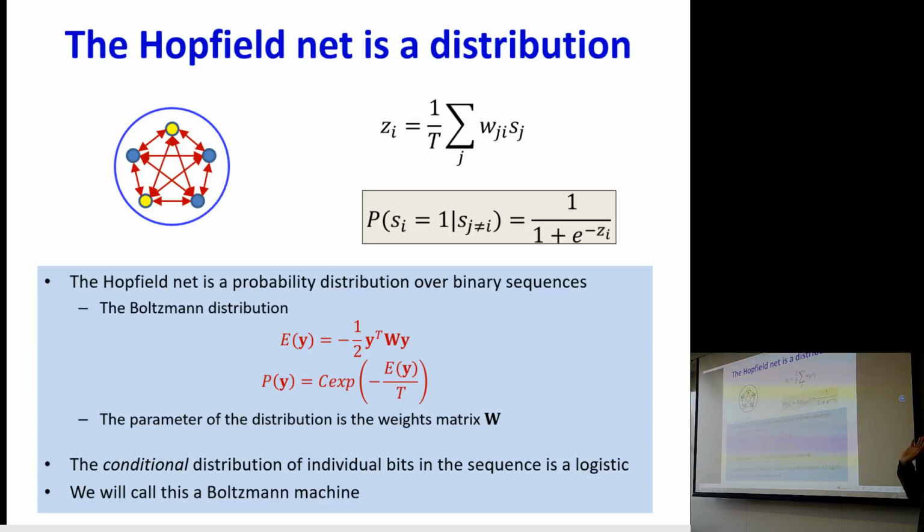Because this whole thing actually models a Boltzmann distribution, we're no longer going to call it a Hopfield network. We're going to call the stochastic Hopfield network a Boltzmann machine. So the Boltzmann machine is simply a Hopfield network where you don't follow deterministic rules of evolution, but you actually let the network have probabilistic behavior.